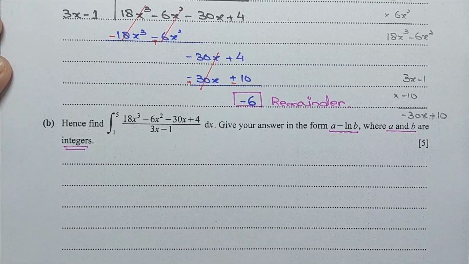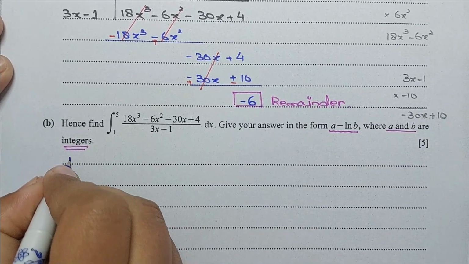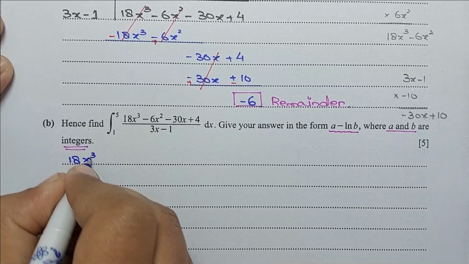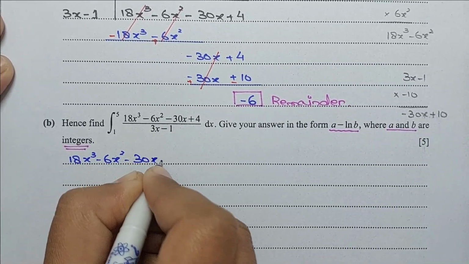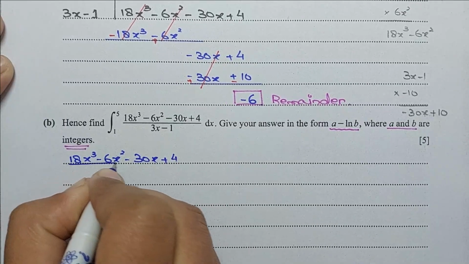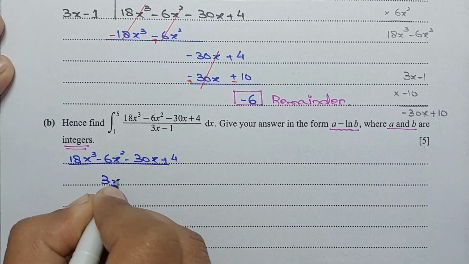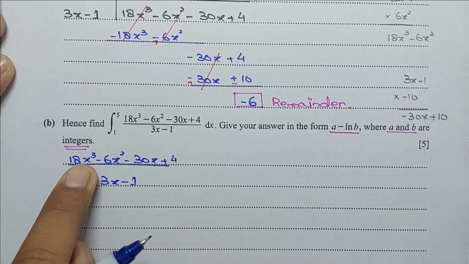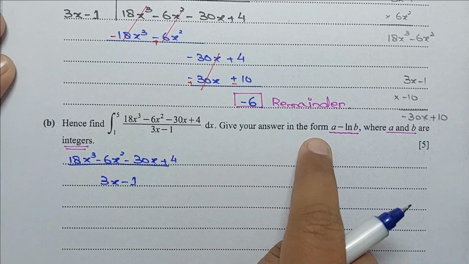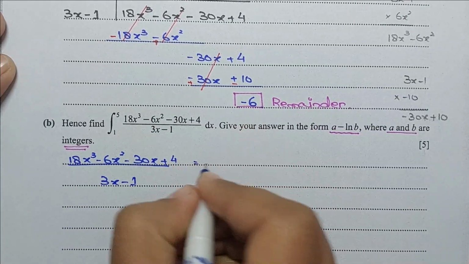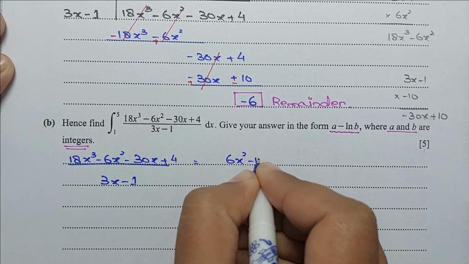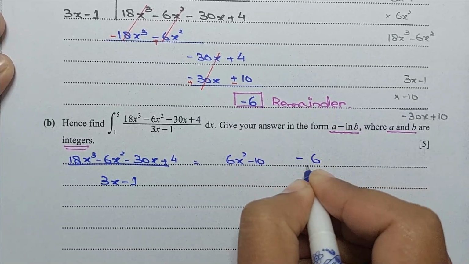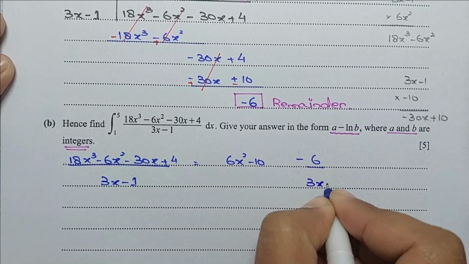So we can write 18x cube minus 6x square minus 30x plus 4 divided by 3x minus 1 in terms of quotient, remainder, and divisor. The quotient is 6x square minus 10, the remainder is negative 6, and the divisor is 3x minus 1.